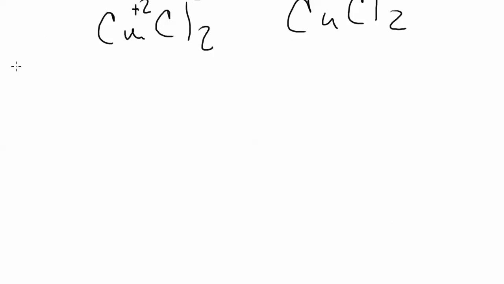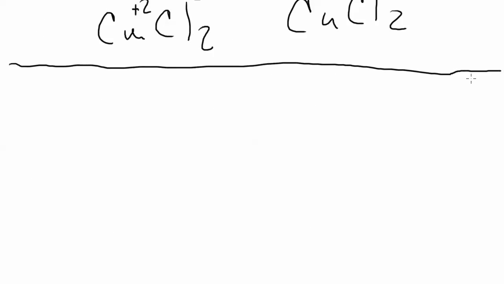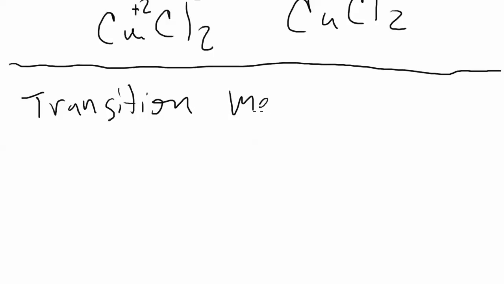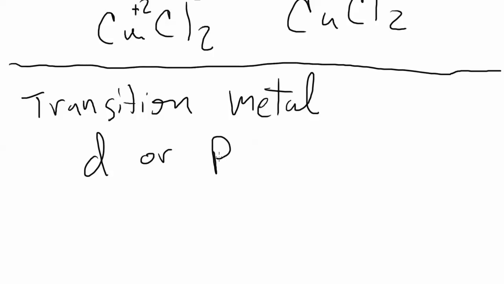So when do you use the stock system? Well, the rule that you can use for this class is that anytime a compound contains a transition metal, you should be using the stock system. So transition metals are metals that are in the D or the P block or the F block. So anytime you have a metal from the D, P, or F block, you should probably be using the stock system.